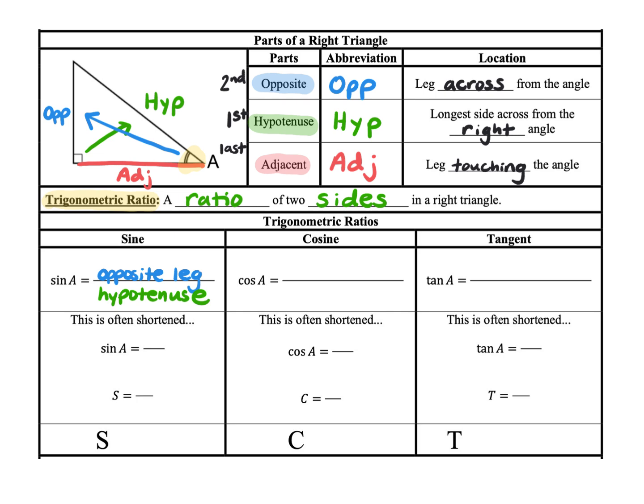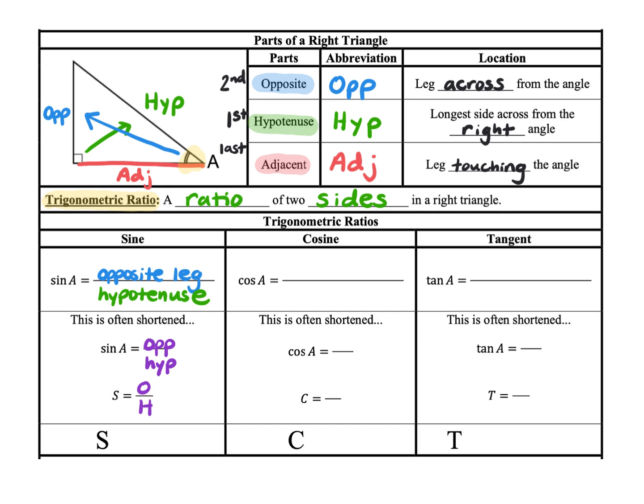This is often shortened with the abbreviations that we wrote above. So the sine of angle A is the opposite divided by the hypotenuse, or in short, O over H. And we'll talk more about that. There's an acronym to help us remember these definitions that I'm going to write after I've defined the remaining terms. So sine, opposite, divided by hypotenuse. Next, we have the cosine.